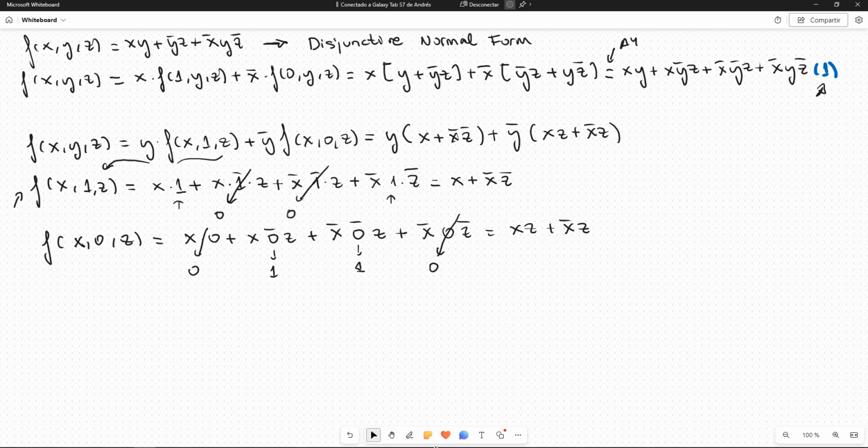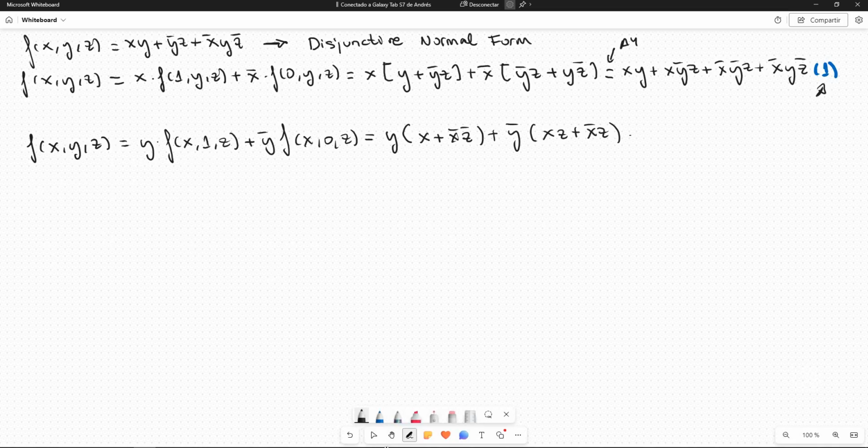I'm going to remove the previous expression to have space, and we can continue developing the function. That is applying again axiom 4, the distributive property: xy plus x negated y z negated.